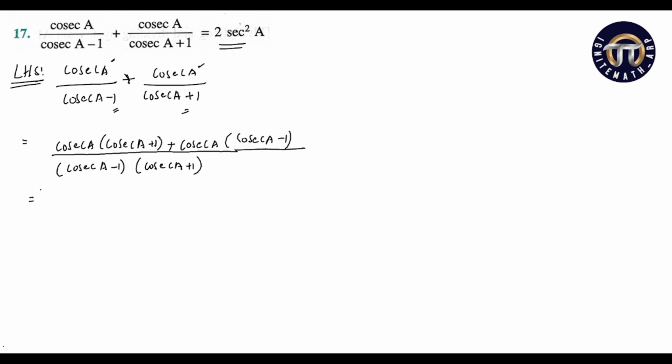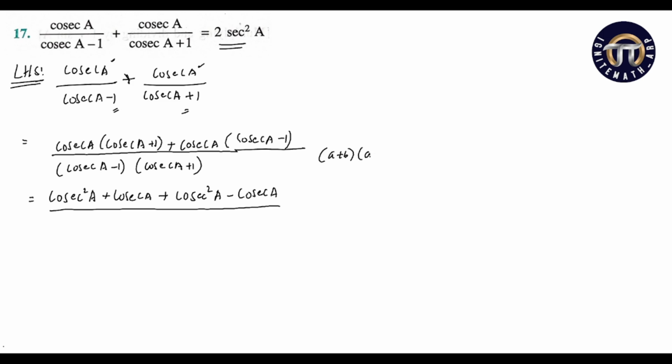Now when I multiply cosec A into cosec A, I'll get cosecant square A plus cosecant A plus again cosecant square A minus cosecant A, divided by, so the denominator looks like (a plus b)(a minus b), which is equal to a square minus b square. So I can write the denominator as cosecant square A minus 1.